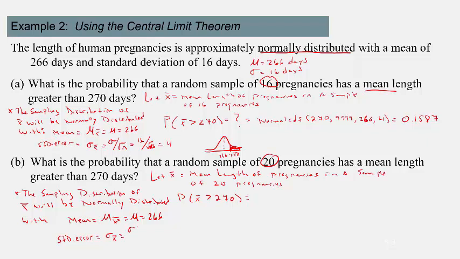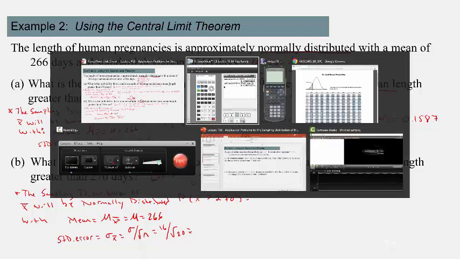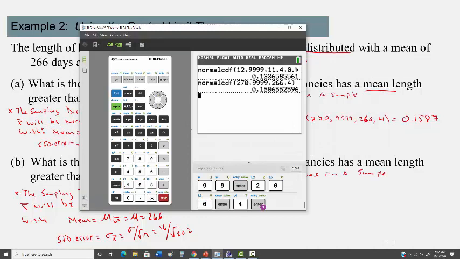So you can take the population standard deviation divided by the square root of n. So now it's 16 divided by the square root of 20. And here it's going to be 3.5777. I'll go out 4 decimal places.